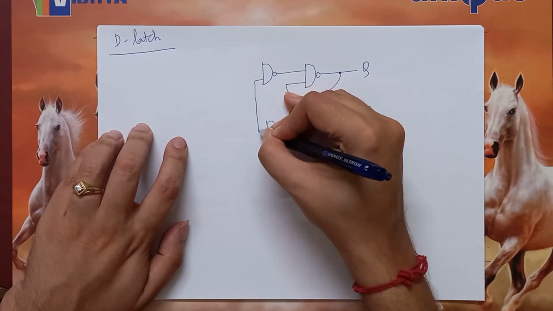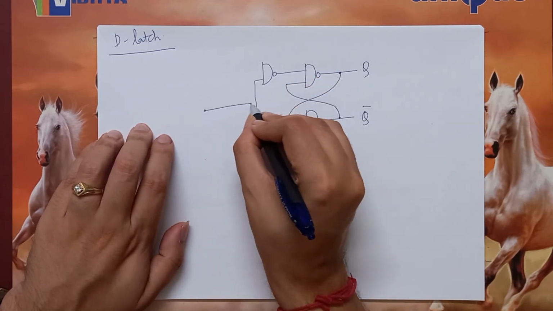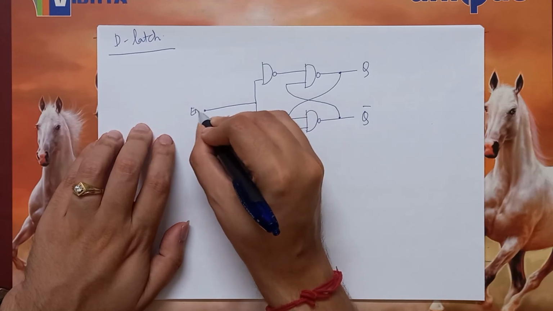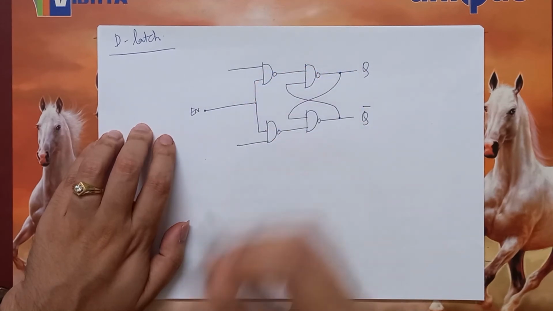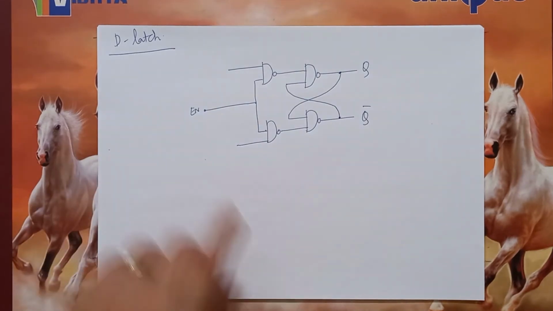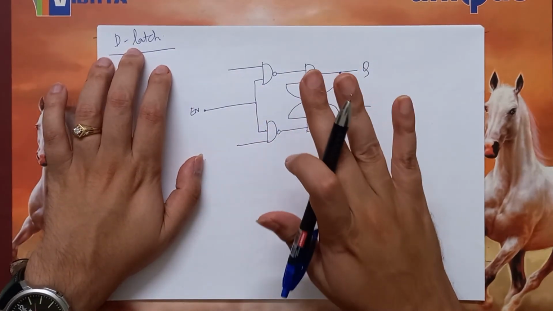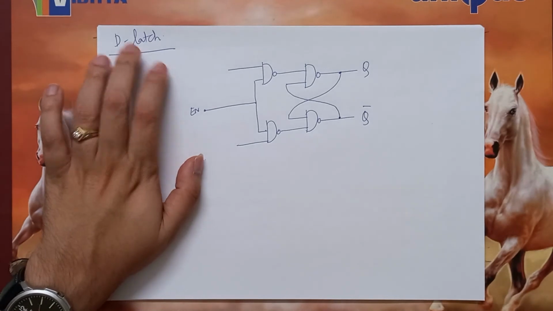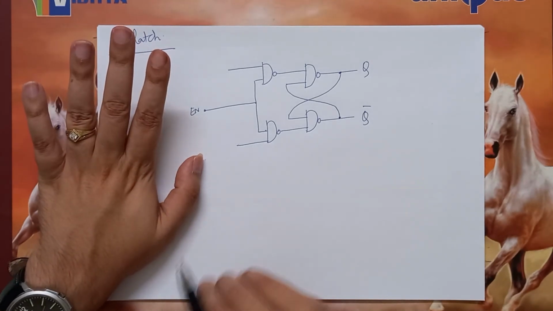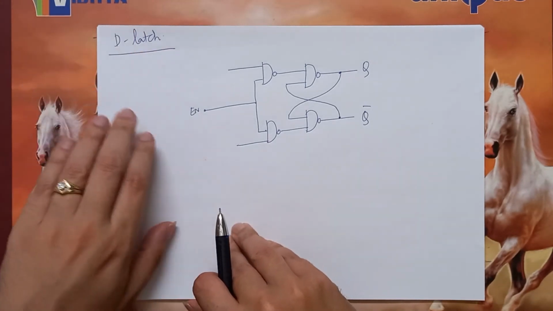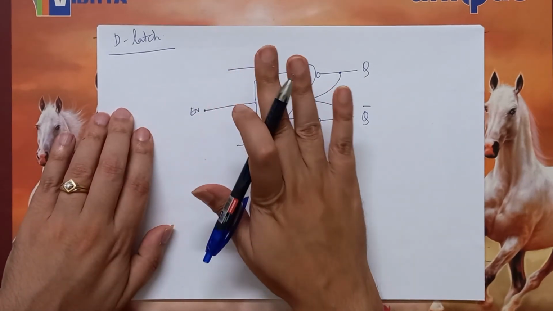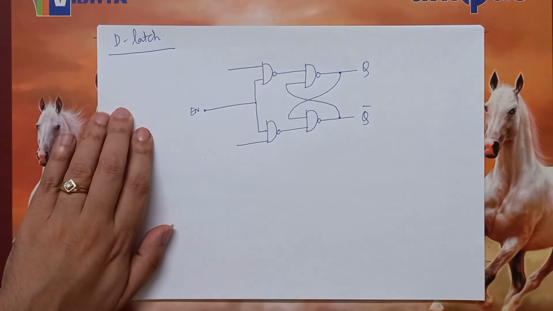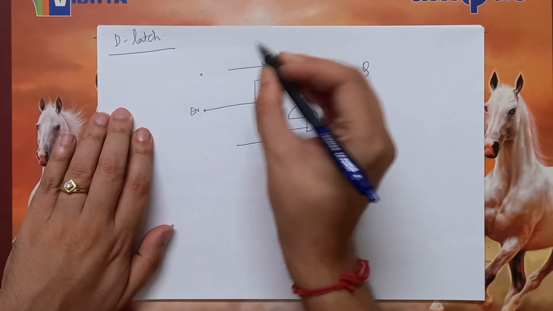There is a common input, that is the enable input, and then there are two more inputs. So far, this is exactly the same as that of a gated SR latch. However, we can very easily make a D latch from a gated SR latch, using this as a starting point.